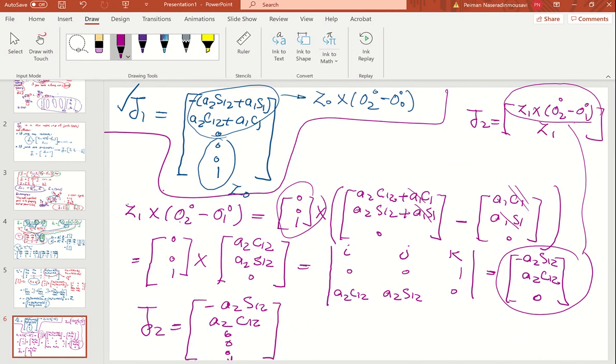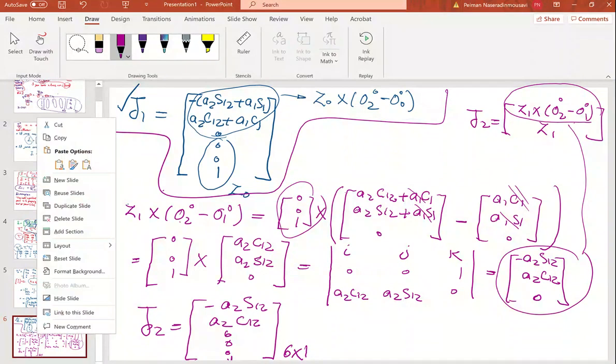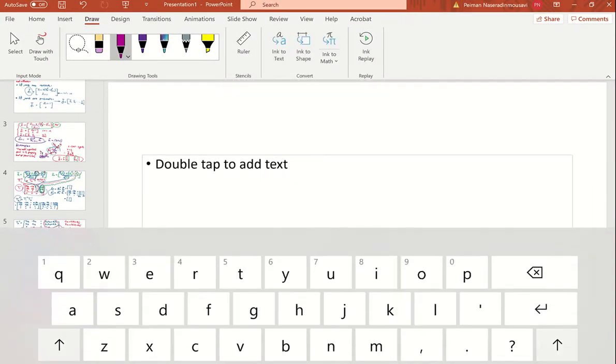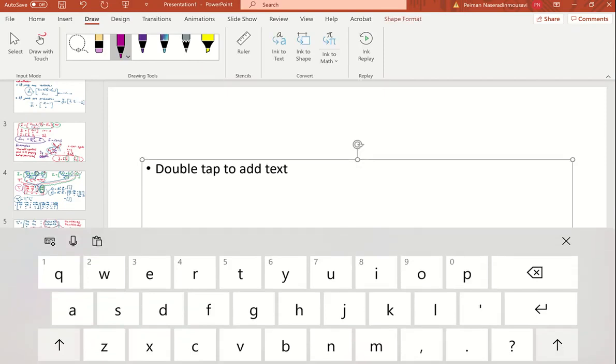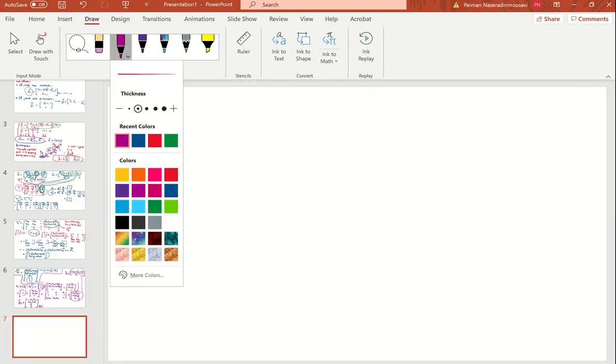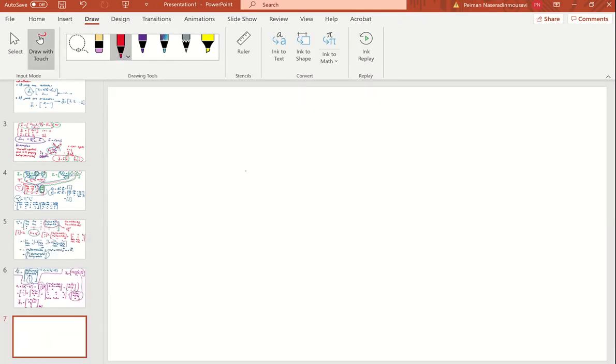This is 6 by 1 again here. But we have a 2 degree of freedom robot. So the Jacobian matrix finally, as I taught today, is J1 and J2.